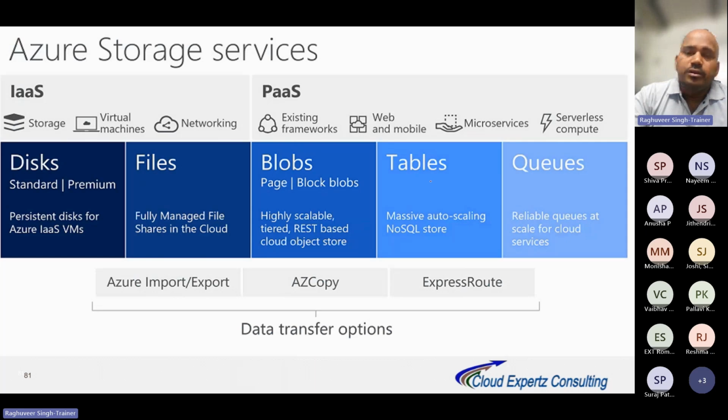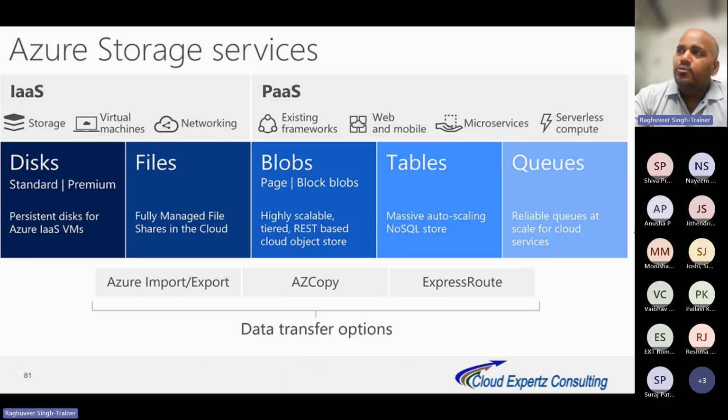Then comes table. We use table in case of applications that use NoSQL data storage. Then queues, we use queues for microservices. When you are deploying microservices based applications, when you want event driven applications where you want to store events in the form of queues, and then you want to execute those queues in different orders, LIFO, FIFO, you use queues.